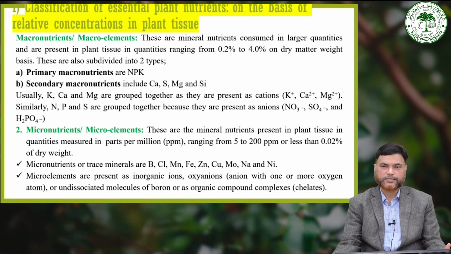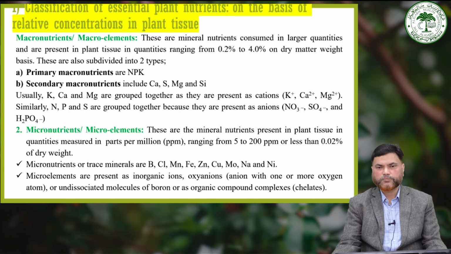So, you see that their concentration is high, and then these macronutrients, they are further categorized into two types: primary macronutrients, which consist of nitrogen, phosphorus and potassium, and secondary macronutrients, which include calcium, sulfur, magnesium and silicon.